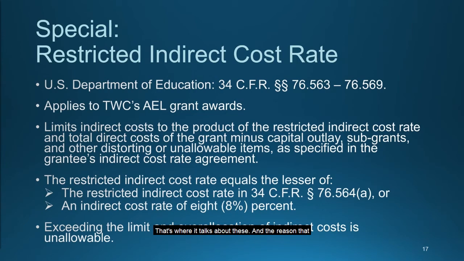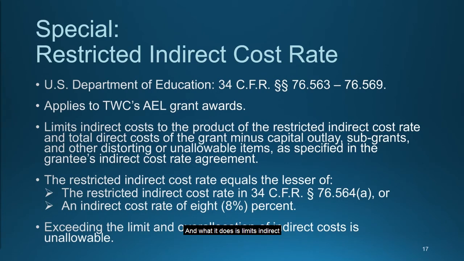The reason that applies is because those regulations say if your Department of Education program has a supplement-not-supplant provision in it, which AEFLA does, then the restricted indirect cost rate applies. So it applies to the AEL grant awards that we make.